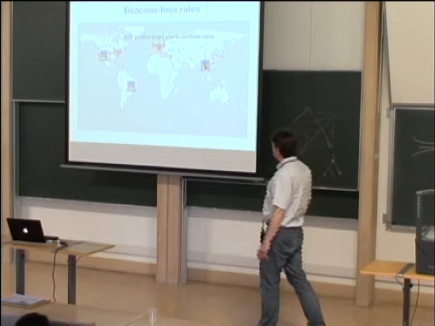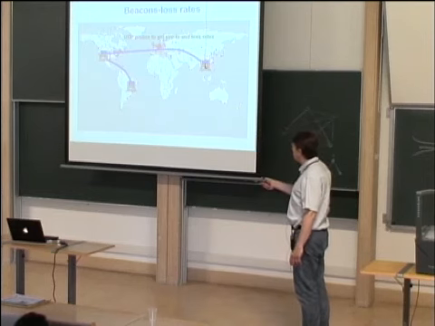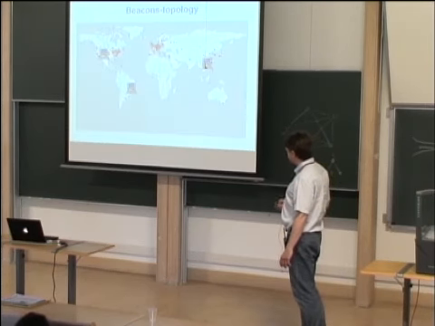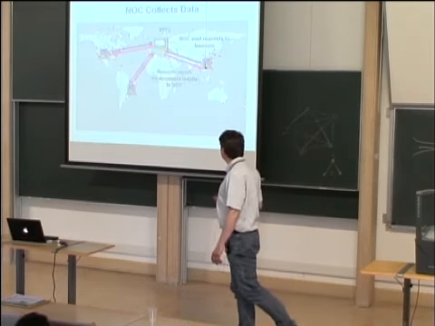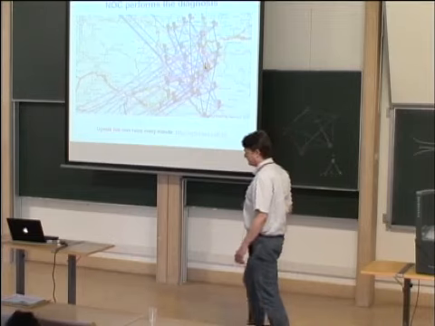These paths send UDP probes from one router to the next one throughout the network, and the topology is measured using traceroute. The beacons report to EPFL at periodic intervals, typically every 10 minutes, and the computation of the link rates is done centrally here at EPFL.